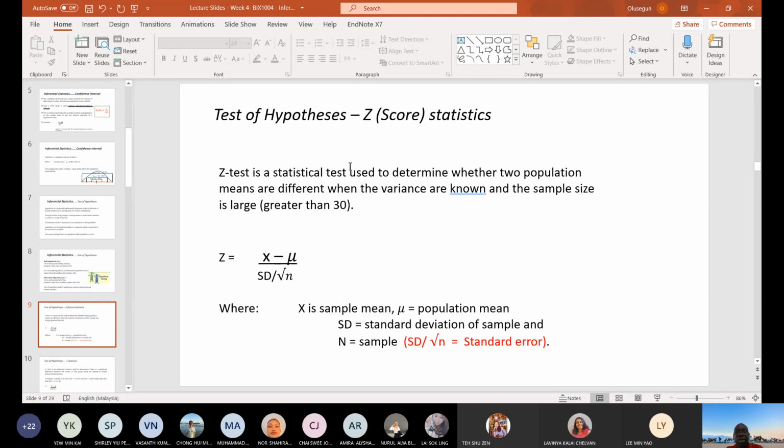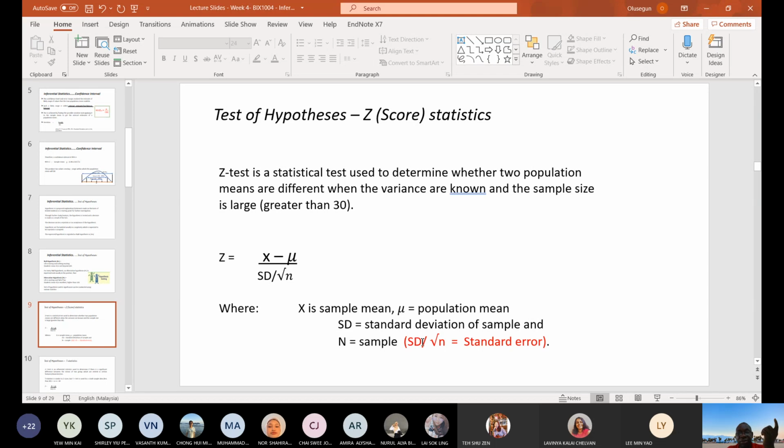scores, the Z statistics. When we do a Z test in the statistical test, we use this expression to find our Z score. X is the sample mean, mu is the population mean, standard deviation is the standard deviation of the sample, and n is the sample size.